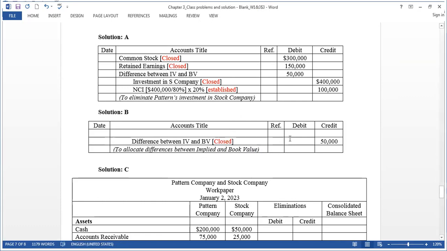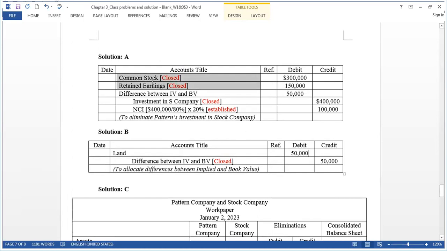So you close it. And as the difference is debit, it means that land value increases. So if land increases, it is debit. Land debit, $50,000. Do you understand?